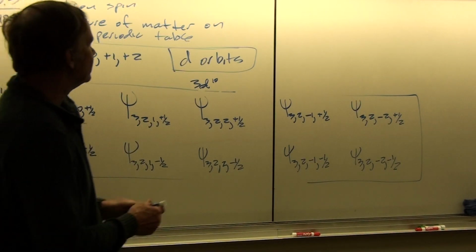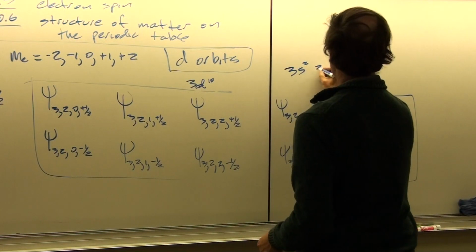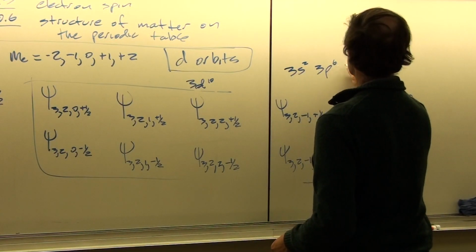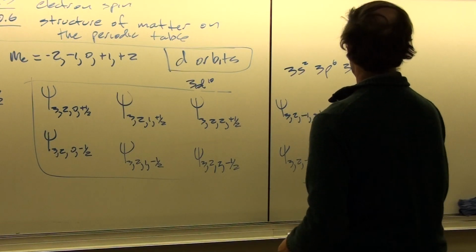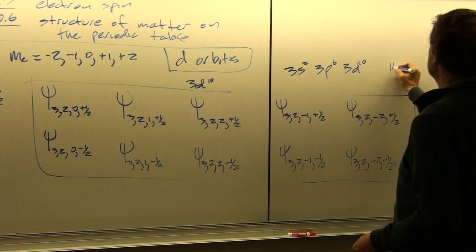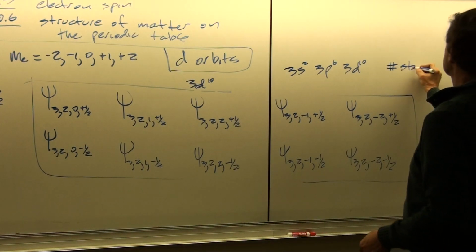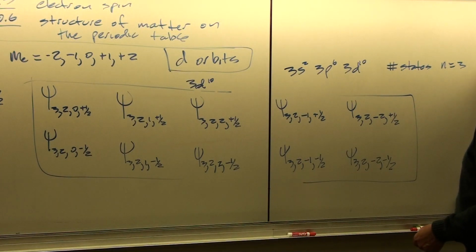Okay, and so for n equals 3, you see that we've got 3s2, 3p6, 3d10. So we have here 10 and 6 is 16, plus 2 is 18. So the number of states in the n equals 3 is 18.